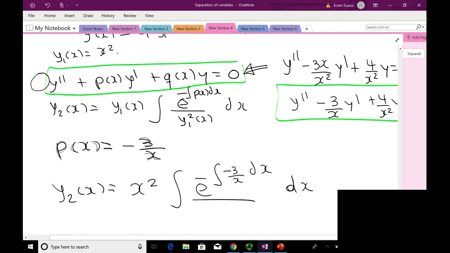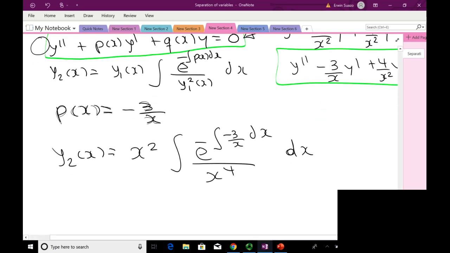So what is that? y1 squared is x to the 4. So we need to find this integral. We get y2 of x equals x squared, and then minus times minus is plus.